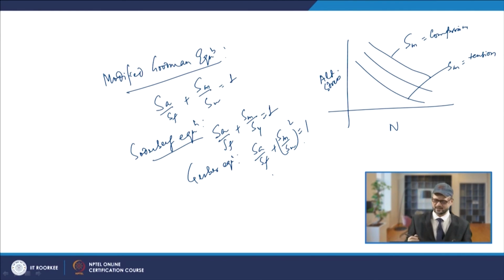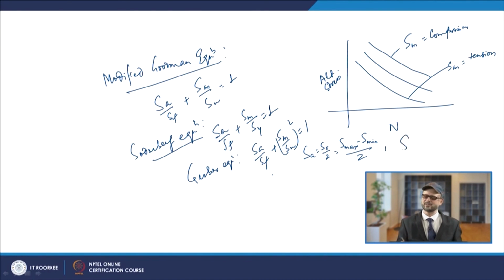In these cases, SA is basically SR upon 2, that is, S max minus S min by 2, the range divided by 2. And SM is the mean value, S max plus S min by 2.